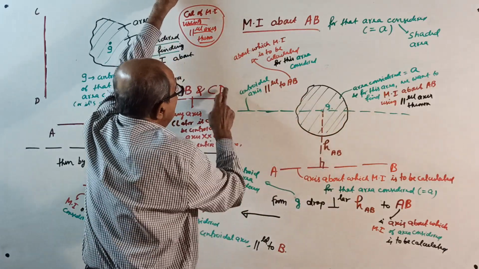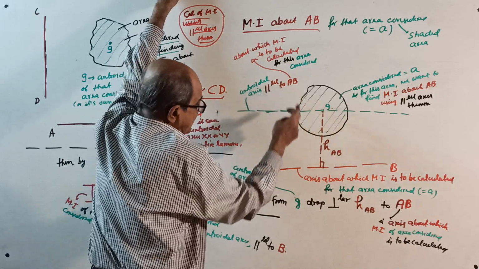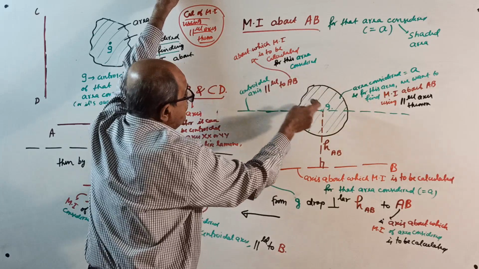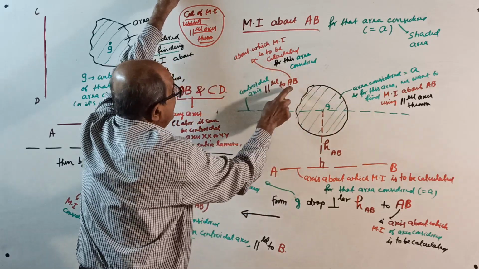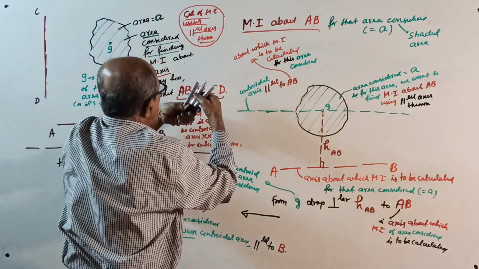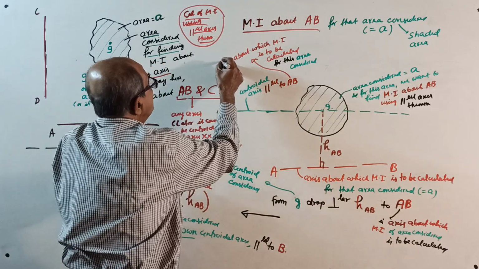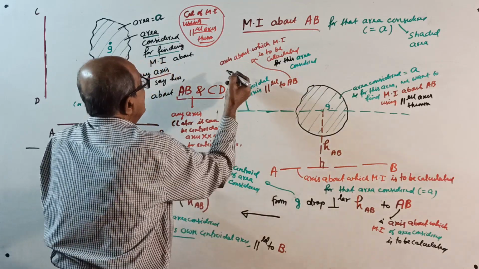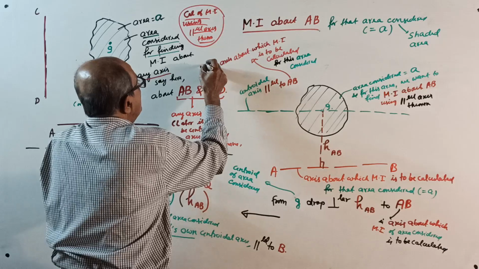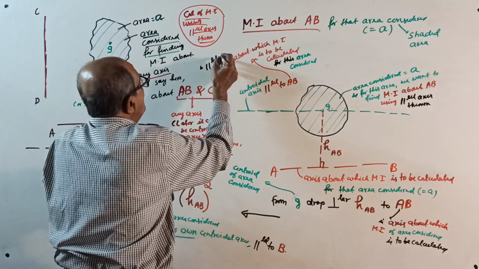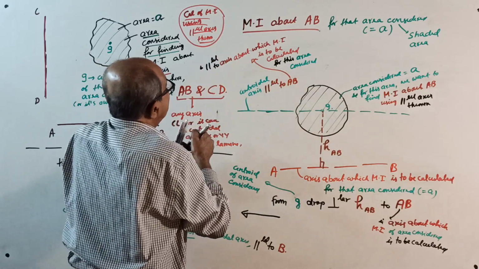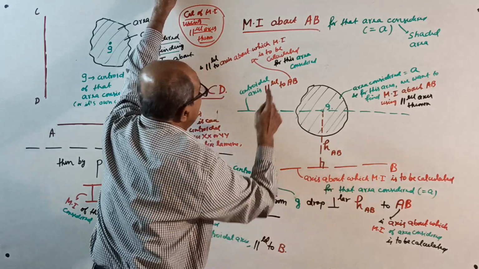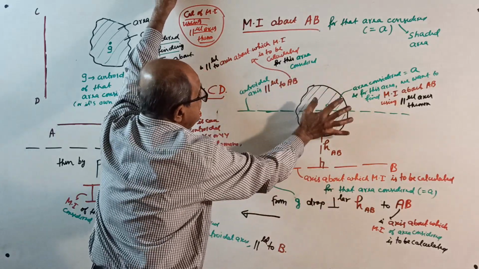So this is the centroidal axis parallel to AB, parallel to the axis about which the moment of inertia is to be calculated for this area considered.